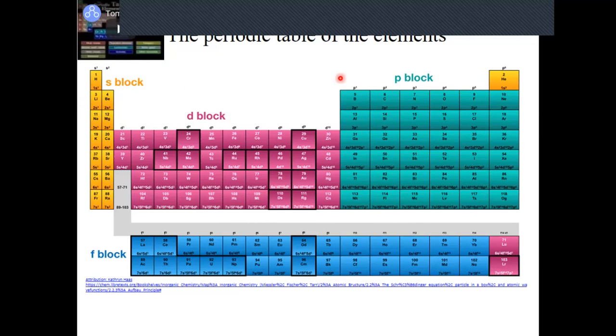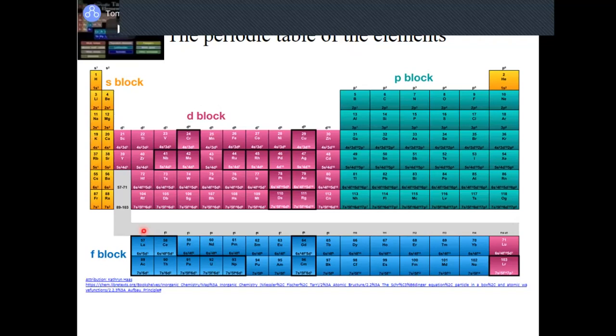As we go from the first period to the second period, we start filling orbitals with the quantum number n equal to 2. As we go from the second to the third, we start filling orbitals with n equal to 3. In the fourth period, we start filling orbitals with n equal to 4, and so forth.